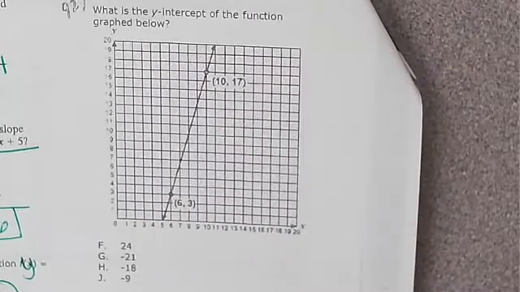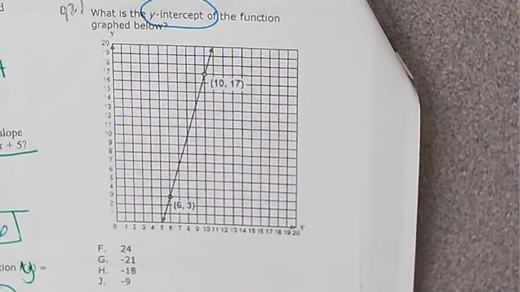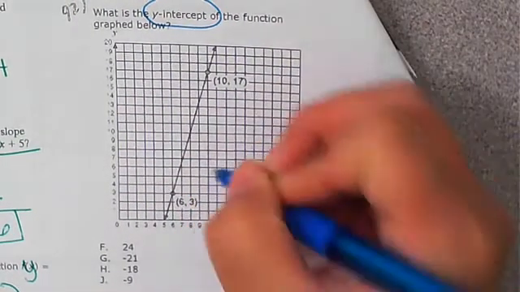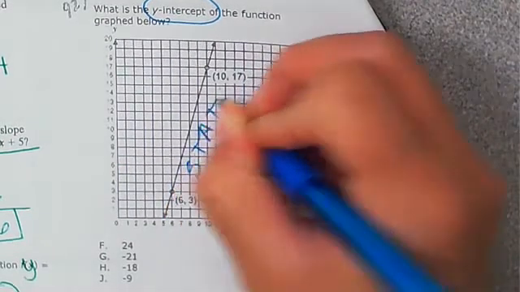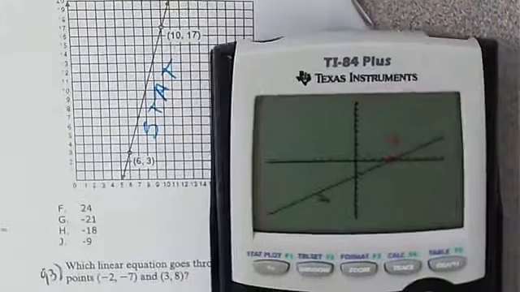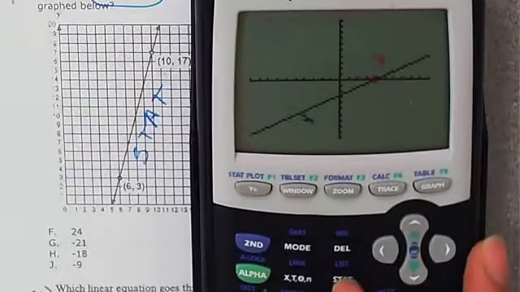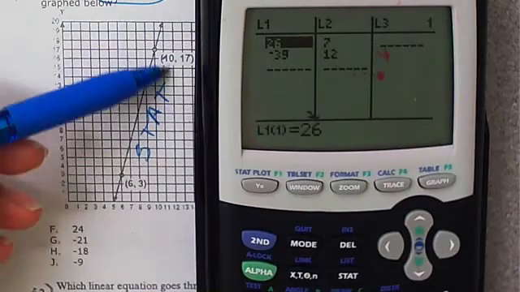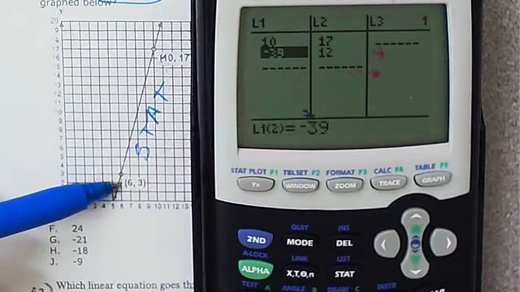Number 92. I give you 2 points and I'm looking for the y-intercept. This one's a little bit different. Y-intercept I love. It's even easier, especially when they give you 2 points, because all you need to do is put these 2 points in stat, because stat gives you the slope and the y-intercept. So I'm going to go to stat. Enter. The first point is 10, 17.